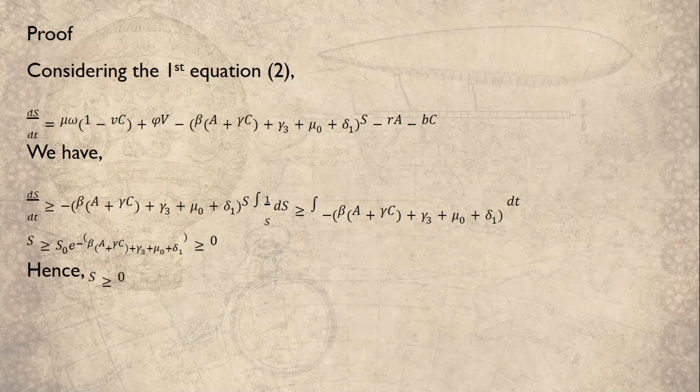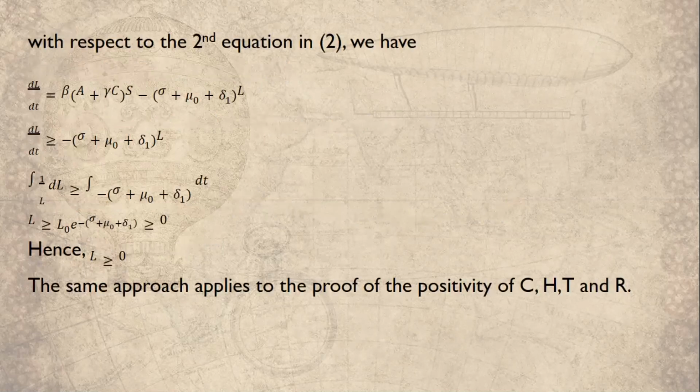When that is greater than 0, it shows that S is greater than 0. And when S is greater than 0, the second part of the equation, where we have dL/dt is beta A plus gamma C S minus sigma plus mu naught L(t).